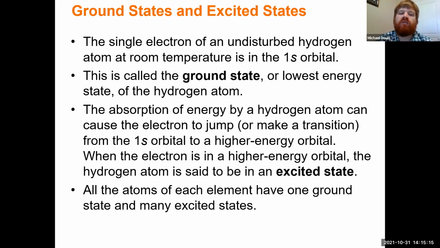But now we know it's not going from one rung of a ladder to another. Instead, it's going from a 1s orbital to a higher energy orbital. So we're just trying to define all these terms. Ground state is the lowest energy state of an atom. And the excited state is where electrons have absorbed energy and have been promoted to a higher energy orbital.